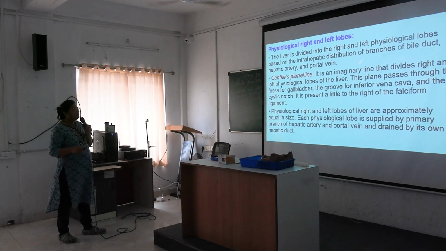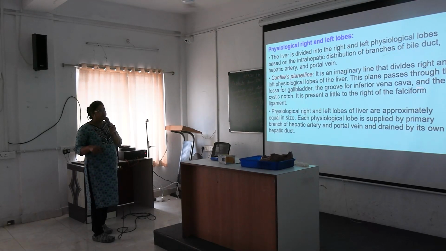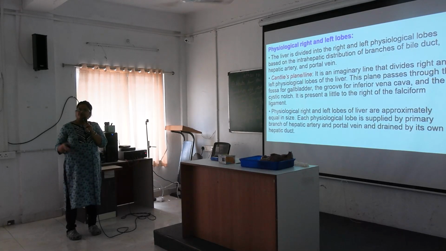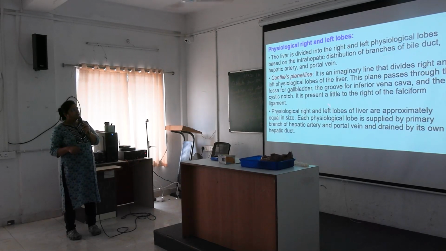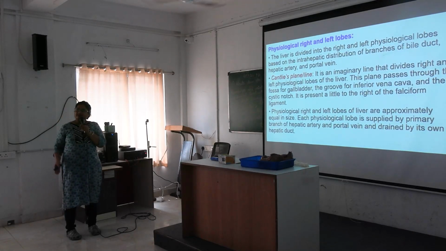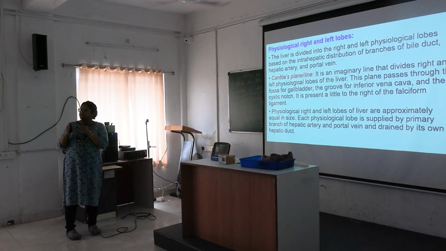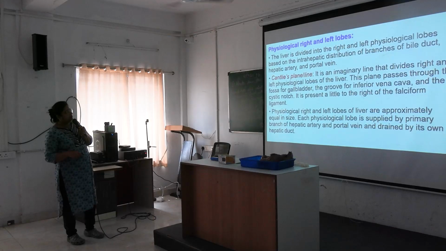It is an imaginary line that divides the right and left physiological lobes of the liver, and the plane passes through the fossa for gallbladder, the groove for IVC and the cystic notch, and it is present anteriorly. This line passes a little lateral, almost 2 to 3 centimeters to the right of the attachment of the falciform ligament.